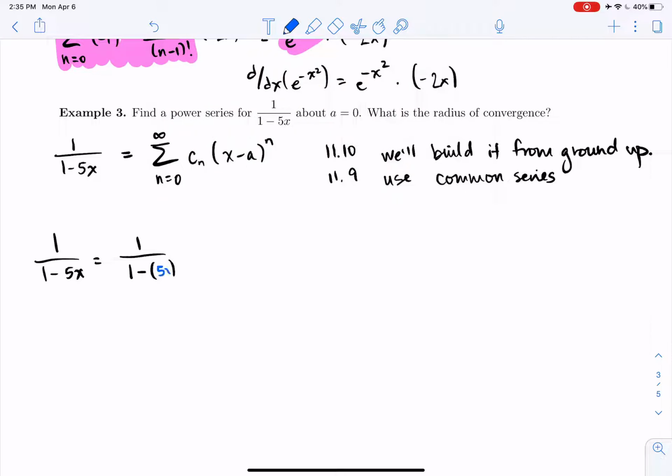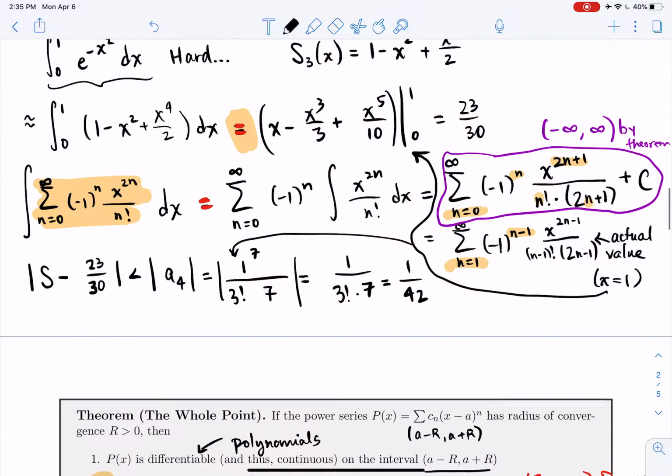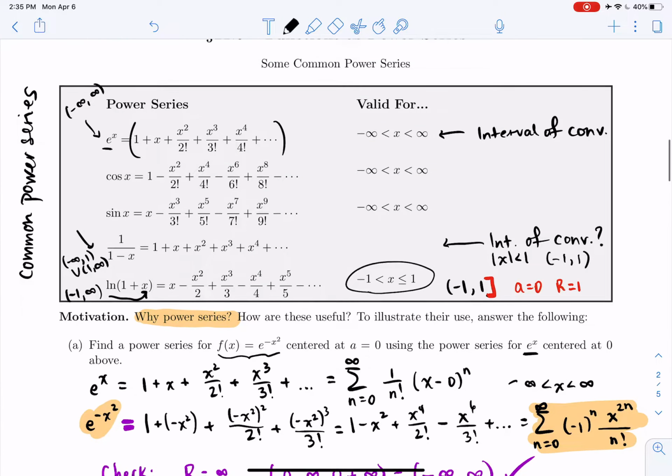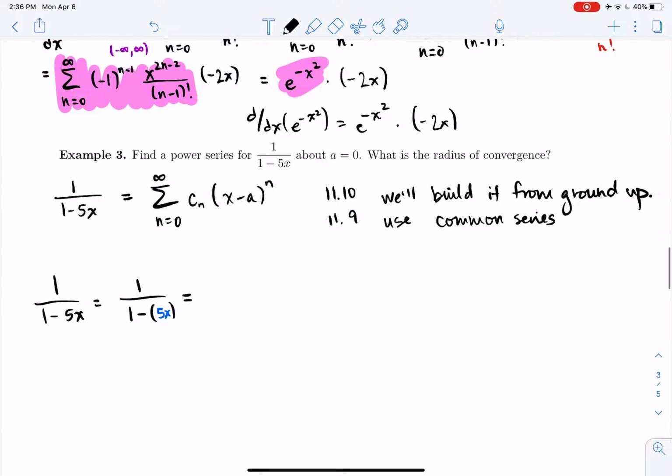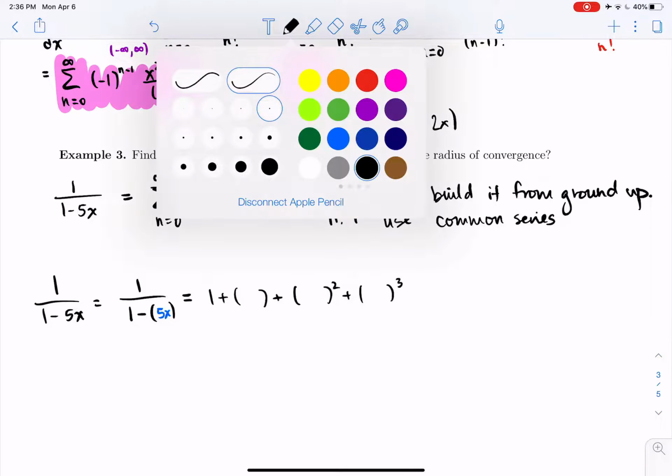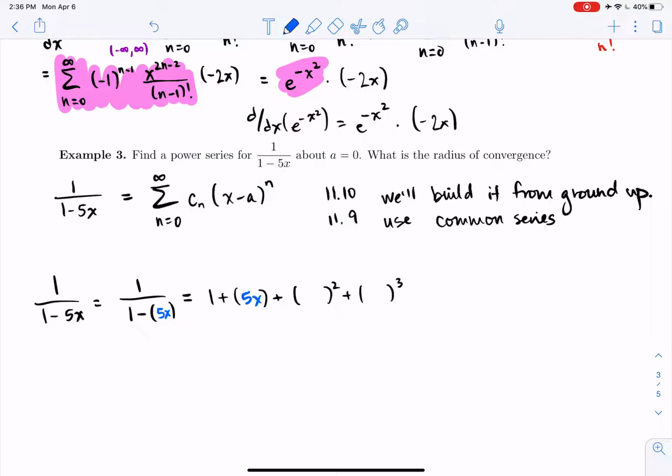And the infinite series for 1 over 1 minus x is up here. So that's the series we're going to use, 1 plus x squared plus x cubed plus x to the 4th, except everywhere we saw x, we're going to replace it with 5x. So 5x, 5x, 5x, and so on and so forth.